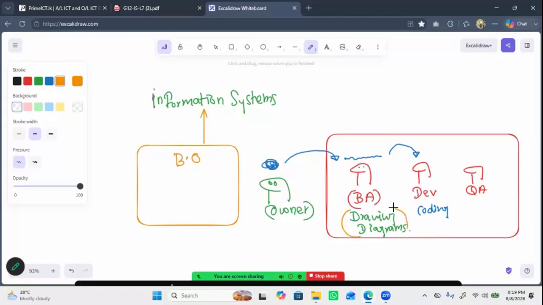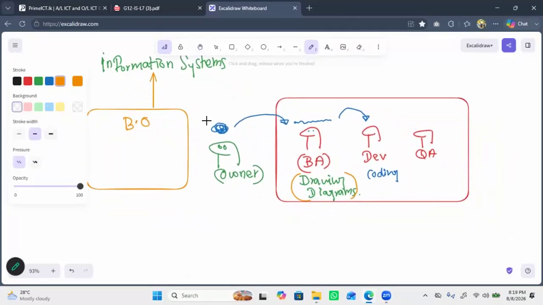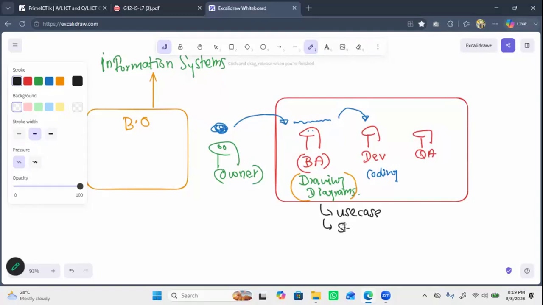Out of the set of diagrams this business analyst is going to draw, kids, one diagram is the DFD. What are the other diagrams that he is going to draw? He will draw use case diagrams. He will draw sequence diagrams.